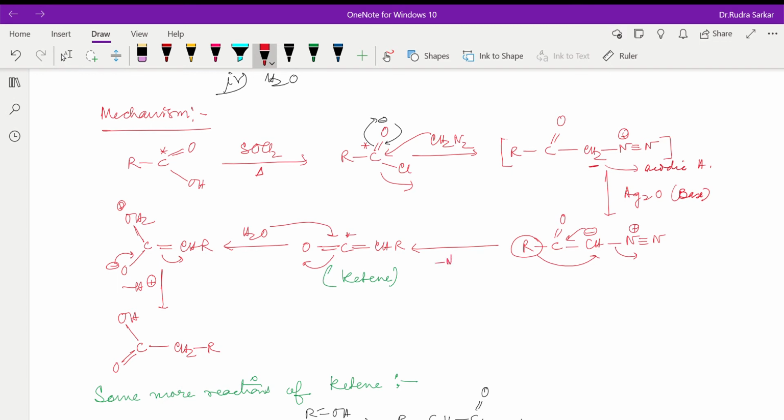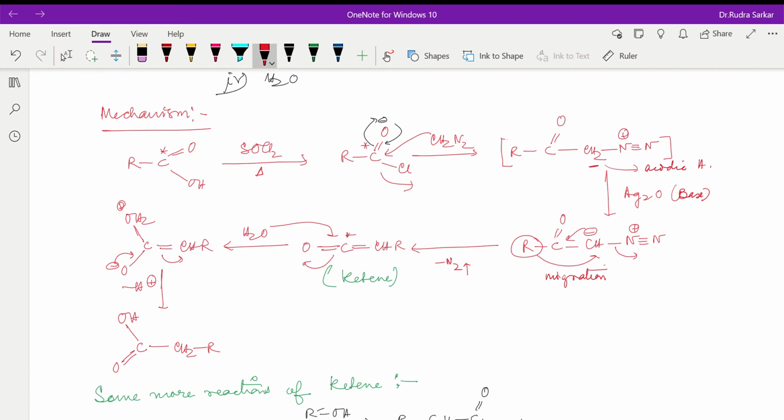So here nitrogen gas is going away, and at the same time R makes a migration. R is making a migration from the carbon where N2 is being left, and it leads to the formation of a ketene.